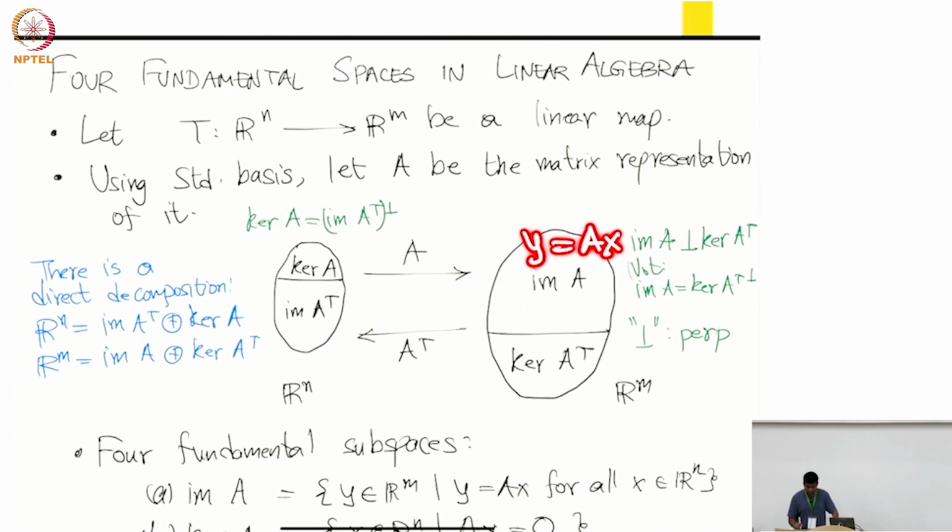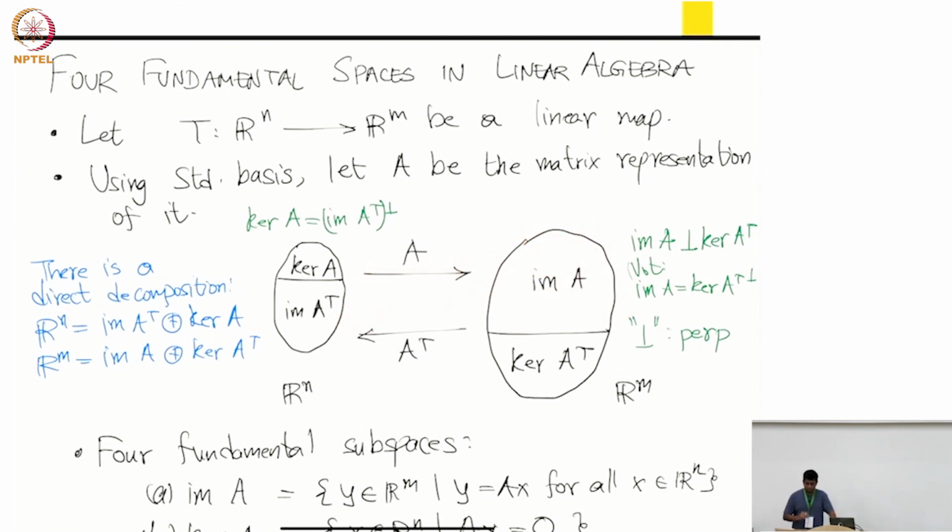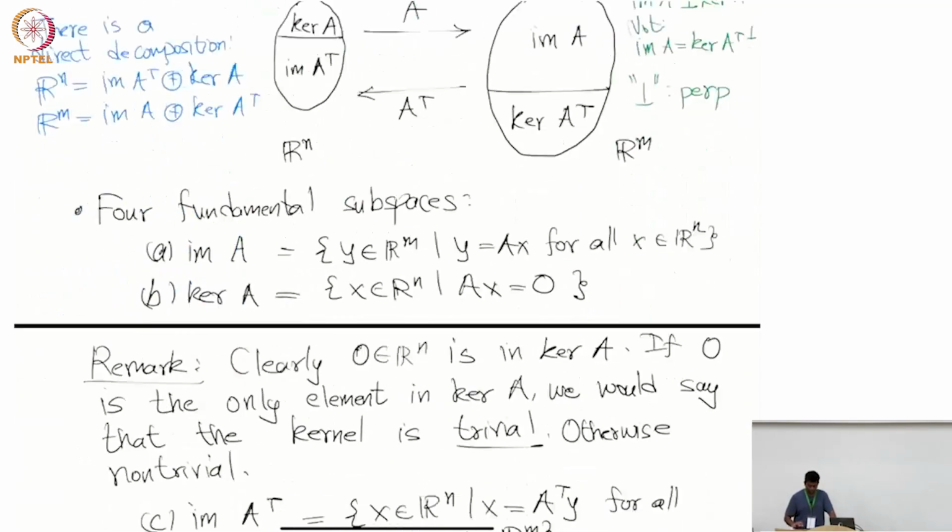And because of this orthogonality, I can write z equals A transpose y, and I will not get a 0 in this case. Once I go this way, I can come back by operating on the y that came from doing Ax. Is that okay?